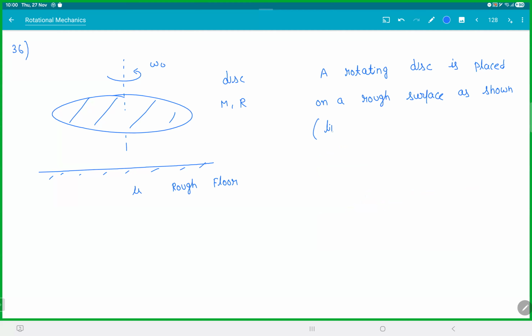If that helps you to visualize, I'll write like that, like a dosa. Find the time when it stops rotating. Let's get this. This is a good one.